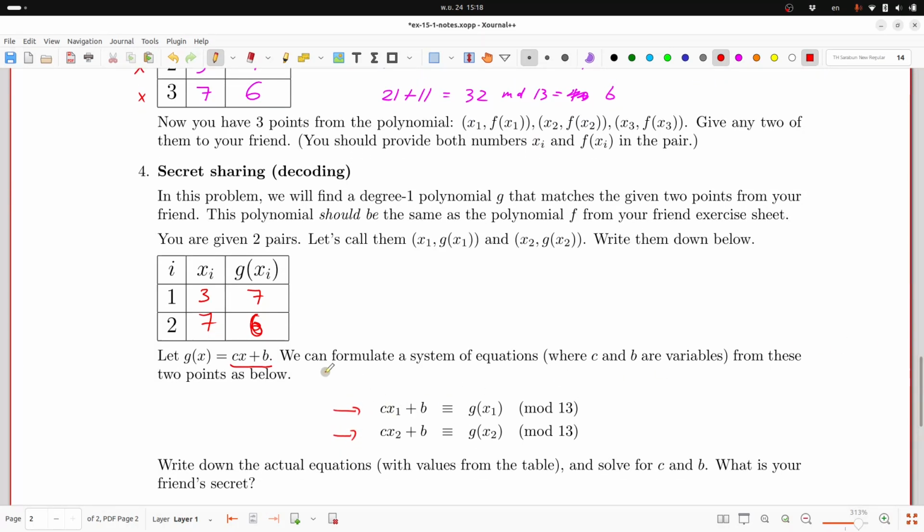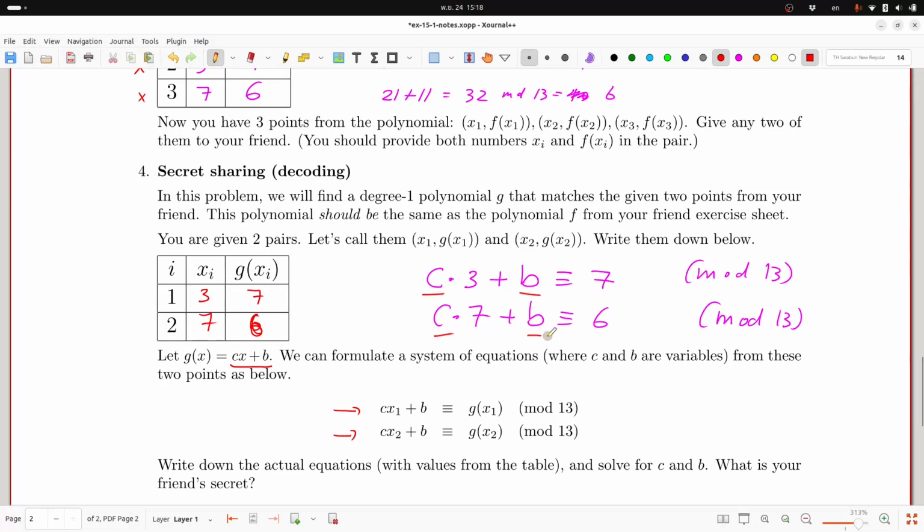My first equation says c times 3 plus b equals 7 mod 13. And then the other equation will be c times 7 plus b equals 6 mod 13.